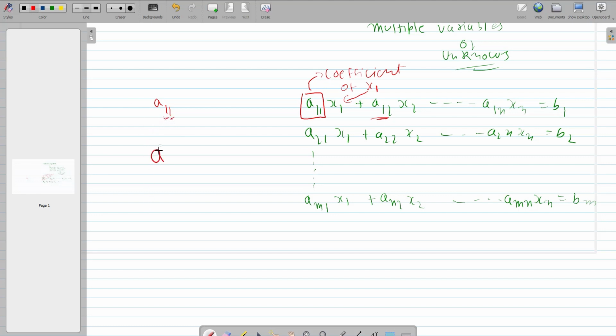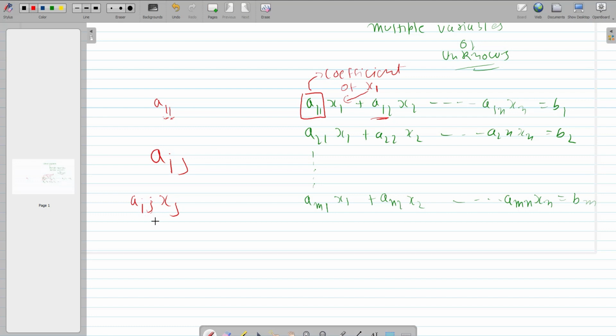If I have a general coefficient like aij, this is the coefficient of the jth variable of the ith equation. So if I have aij xj, that is the jth variable of the ith equation.